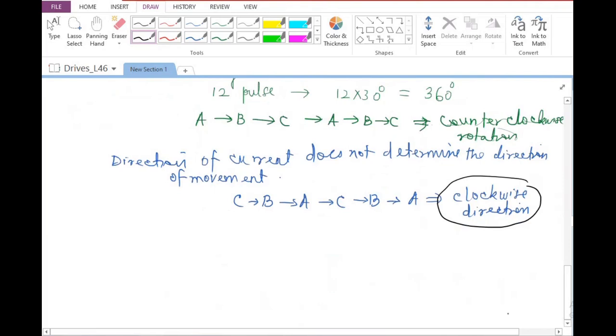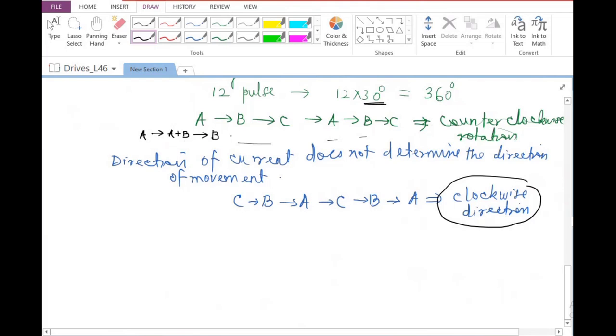Second thing I would like to say is, although we say 30° is the step angle, if rather than that, I fire A, then I pass half the current through A and half the current through B. So I fire both A and B if I'm able to control the current in a fine manner. So I do first only firing of A, then firing of A and B with half the current in each of the windings.